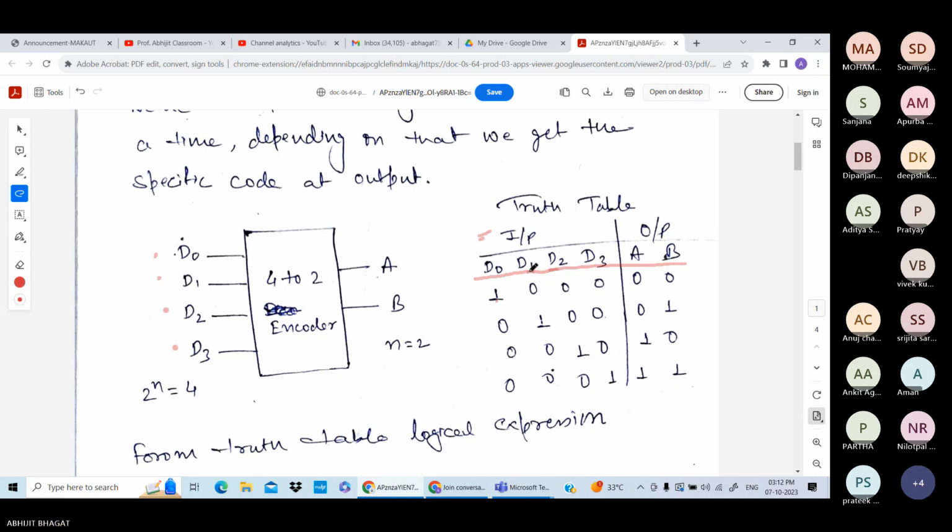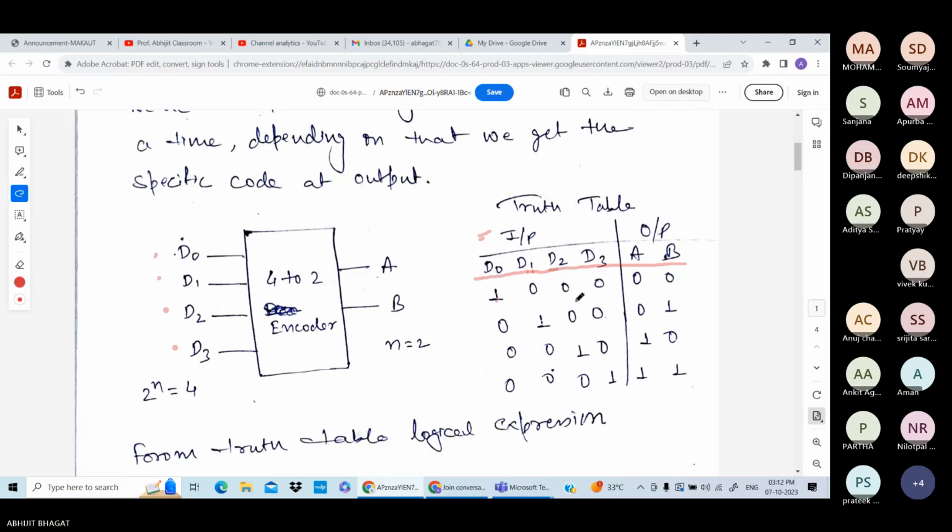If D1 is active, in that case your output is 0, 1, and the other inputs will be 0. Only one input is active at a time. If D2 is active, then the output is 1, 0, and the rest of the inputs will be 0 here.